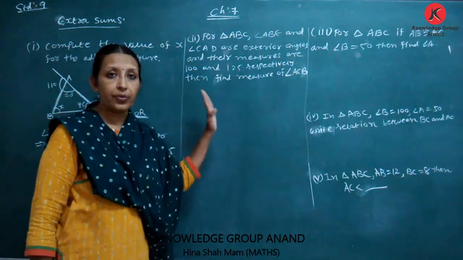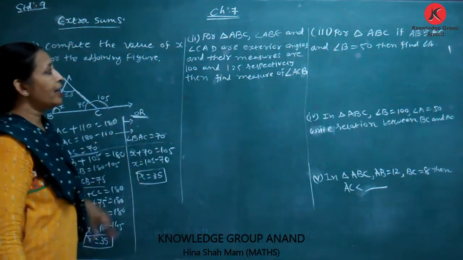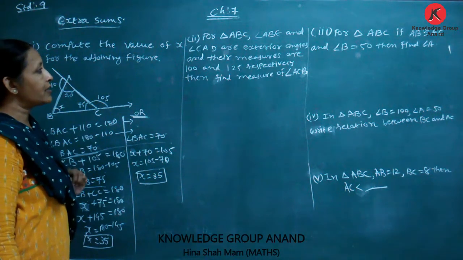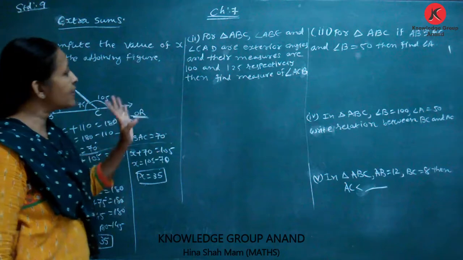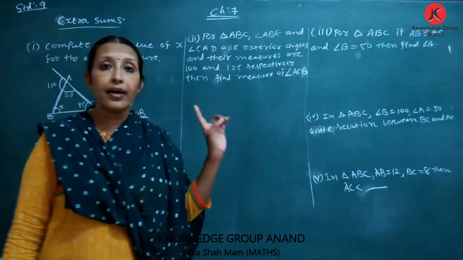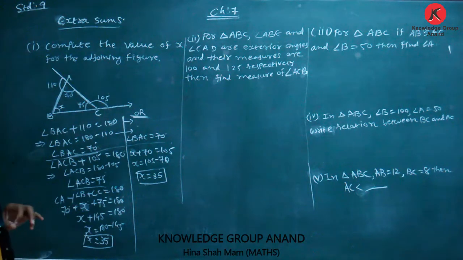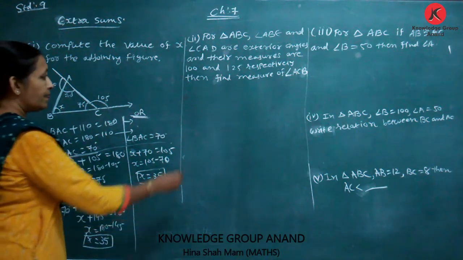Question number 2. For triangle ABC, angles ABE and CAD are exterior angles and their measures are 100 and 125 respectively. Then find the measure of angle ACB. First we draw the figure.